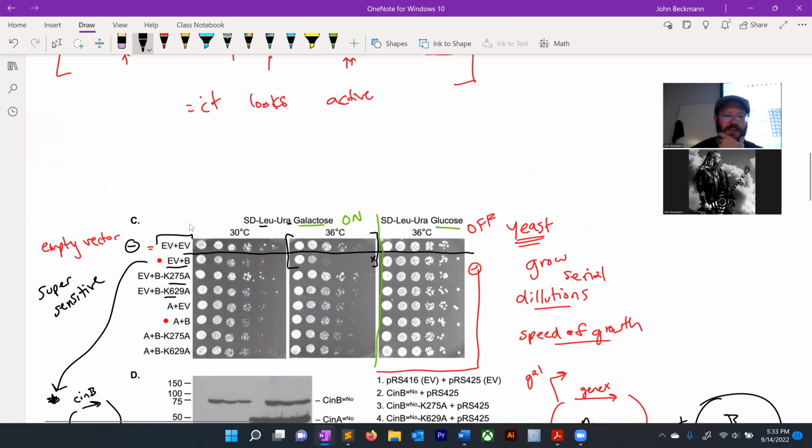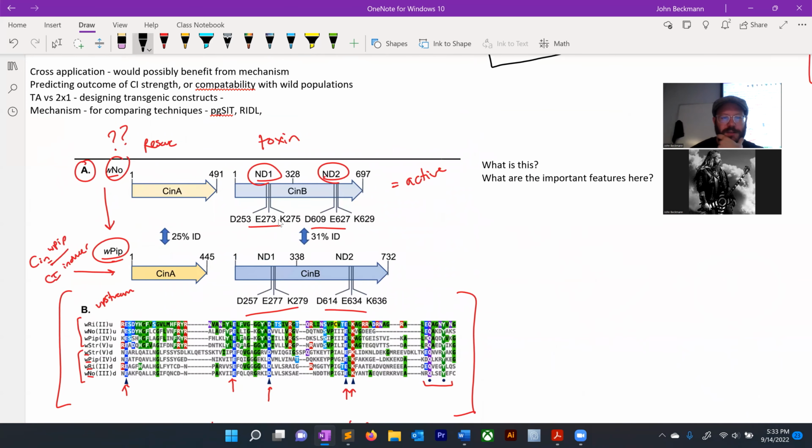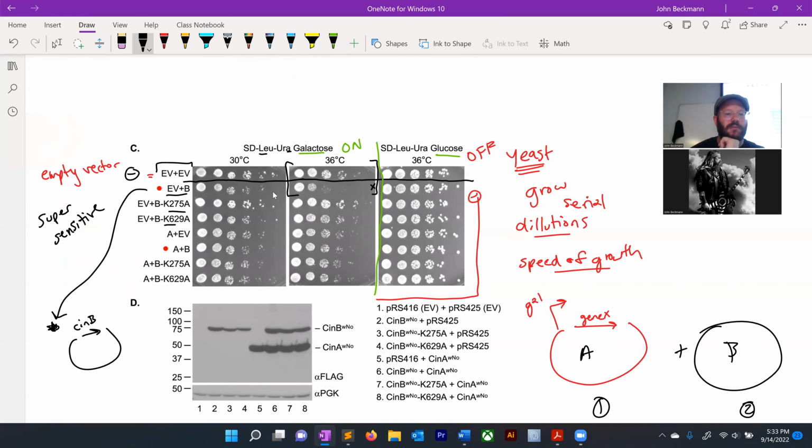So it's 275, that's this one, and then 629. They're testing both these important residues. The lysine is important for the activity. When they change it to an alanine, that's going to shut off the enzyme. And what happens in the yeast when they shut the enzyme off?